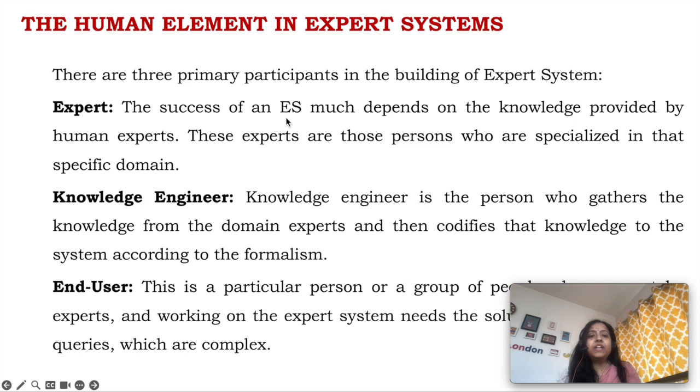The success of an expert system depends much on the knowledge provided by the human experts. These experts are persons who are specialized in that specific domain. These experts play a vital role in forming our knowledge base. Next comes the knowledge engineer.